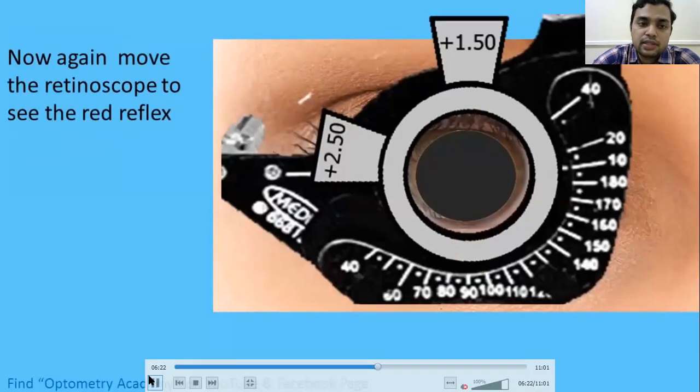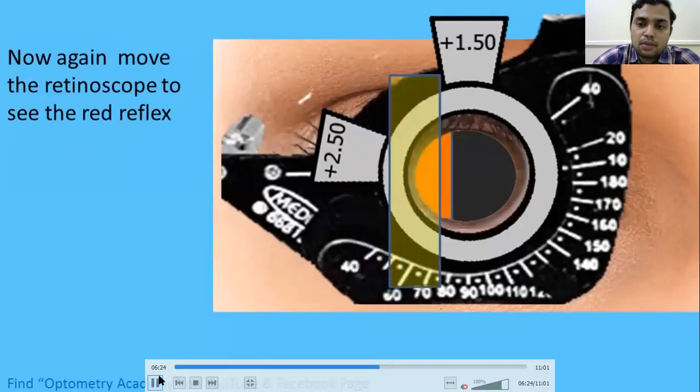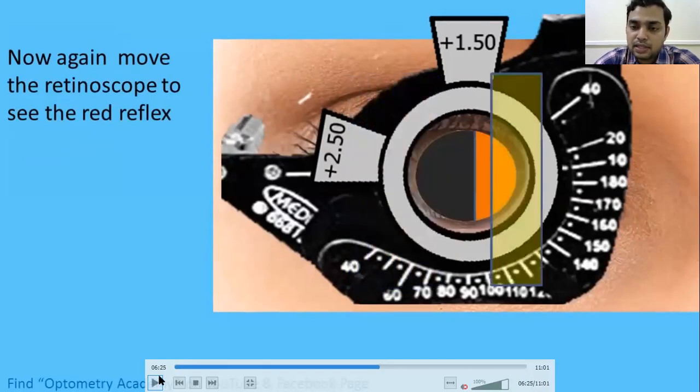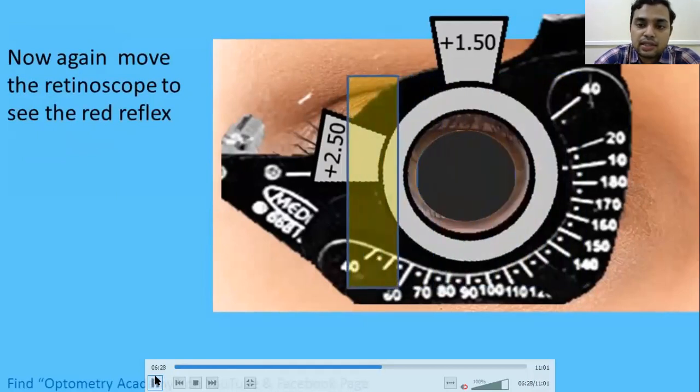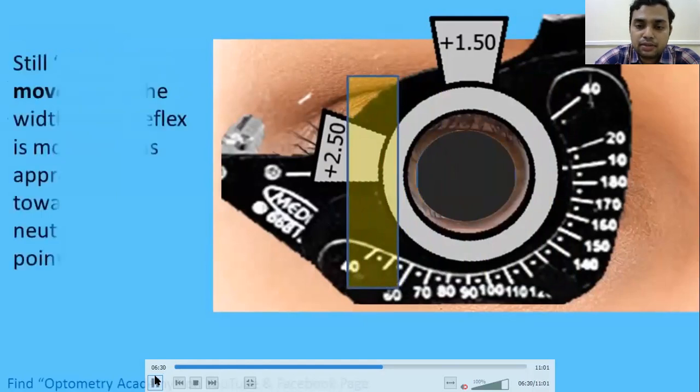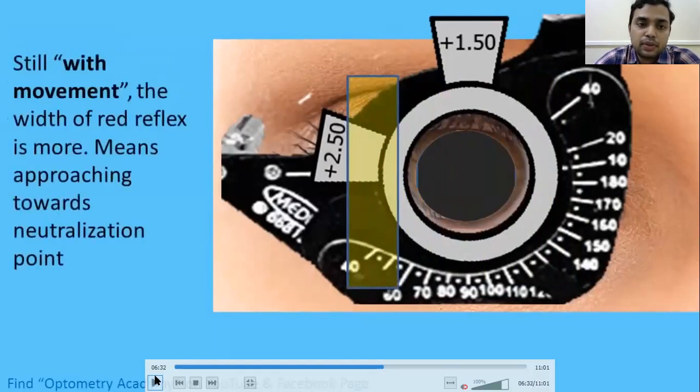With the movement is still present, but there is a further increase in the width of the red reflex. So we are approaching the neutralization point.